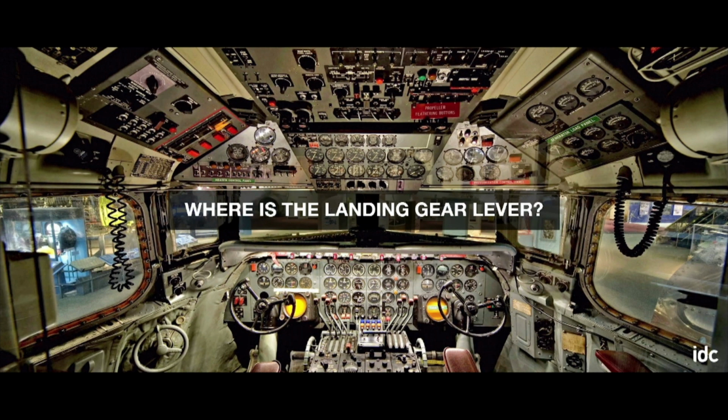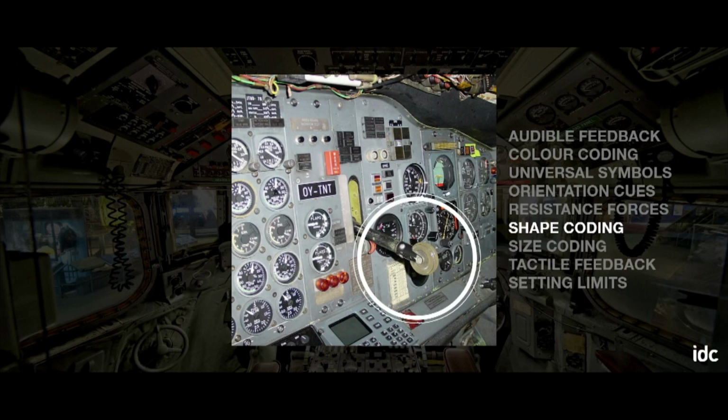This is my favorite slide. I'm not going to challenge anyone to tell me where that is, but this is a good example of some of the tools that are available to designers to improve our interactions further. In terms of the landing gear lever for a pilot in a cockpit, we actually use shape codes and just stick a wheel on the end of it. Sometimes there are quite simple solutions to make things more intuitive.